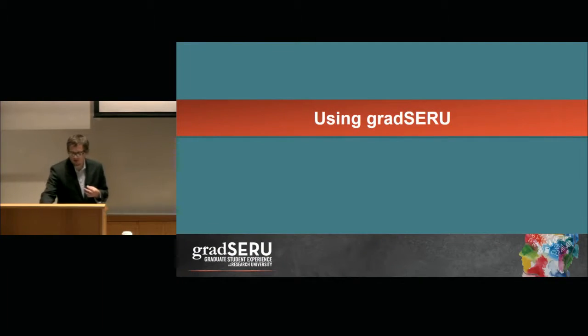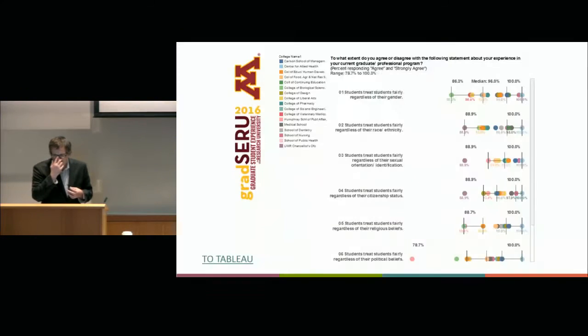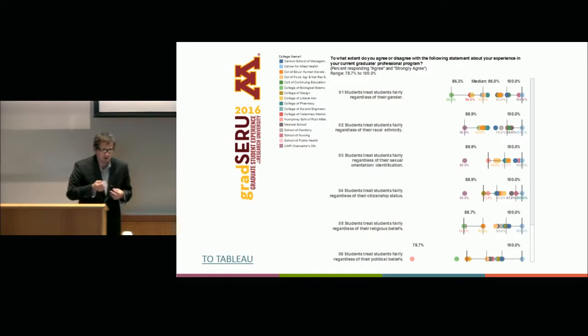So using GradSERU, the most easily accessible access point is a series of Tableau dashboards that we've created on the AHC server. We provide credentialing information to all university, collegiate, and program level leadership. As a de facto, Brad Bostrom provides me a list of those names, and we automatically credential them.